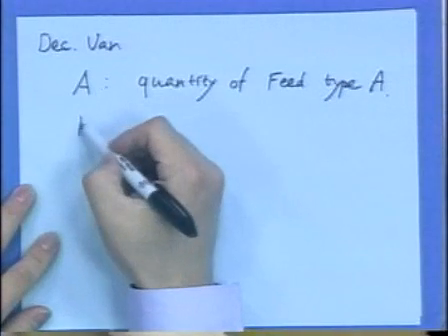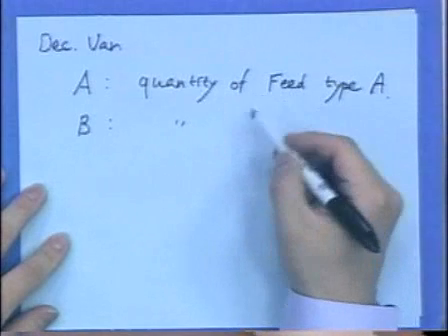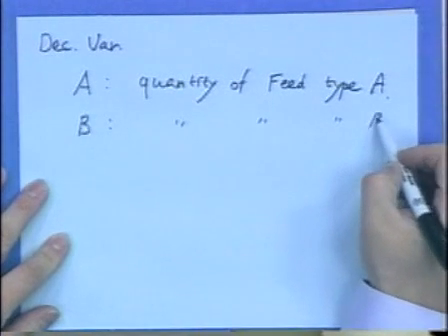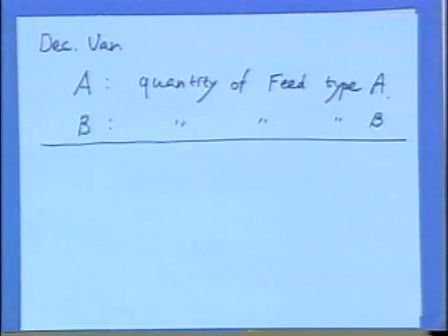And B is the quantity of feed type B, okay? Based on this, we may construct the objective function and the constraints, okay?